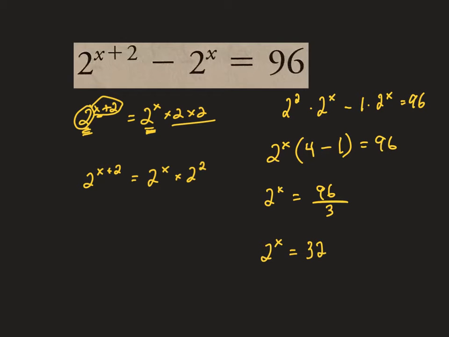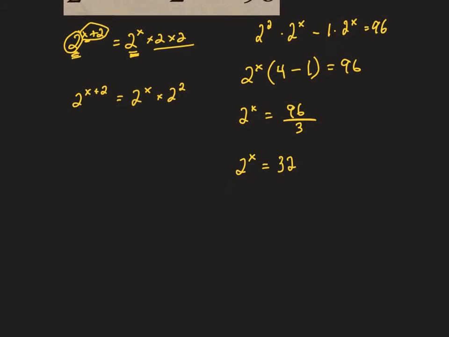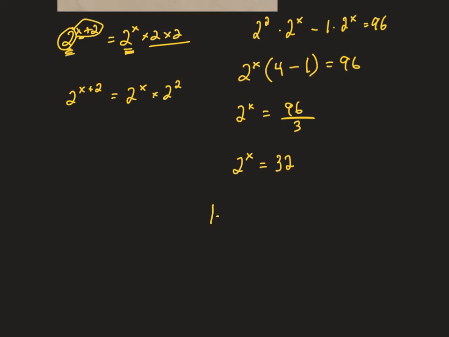Now I already know the answer because 32 is perfect: 2, 4, 8, 16, 32. It's equal to 5. But let's say we didn't know that. We can go on and say the log base 2 of 2 to the x equals the log base 2 of 32.